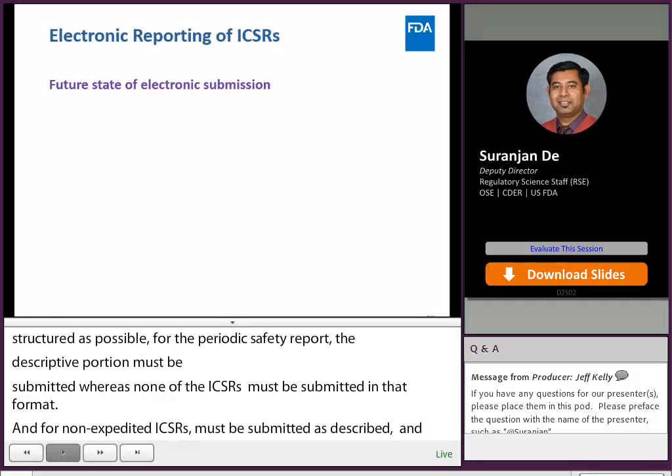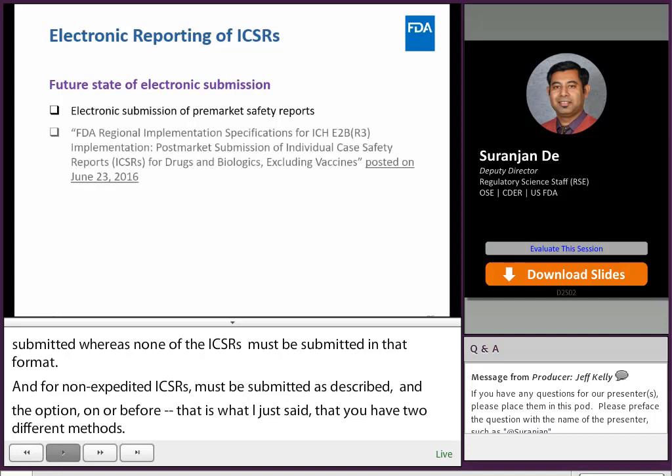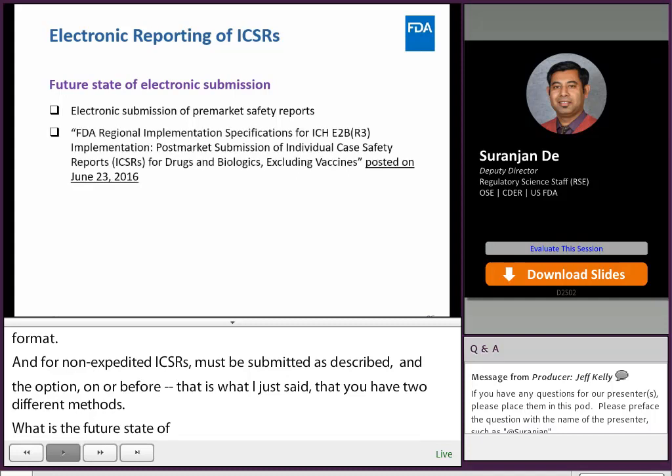What's the future state of electronic submission? We plan to have pre-market safety reports, and we have another presentation where you will hear about pre-market safety reporting. We have the technical specification that was published in 2016, after which we have had three meetings where we communicated the regional data elements for FDA for R3.